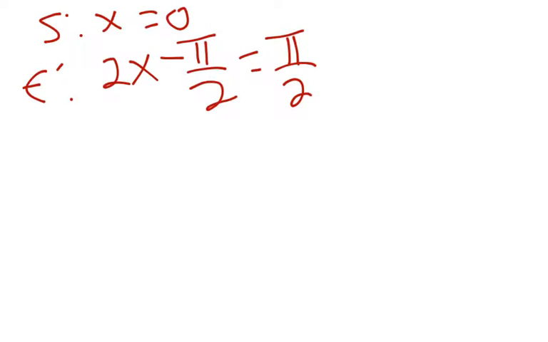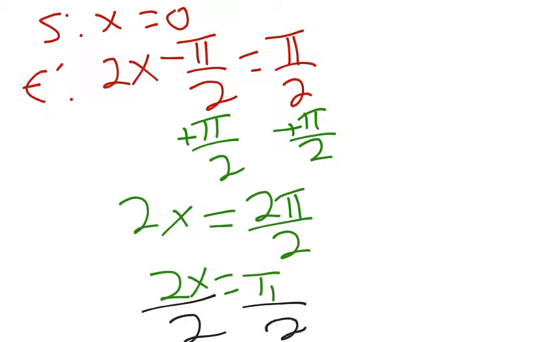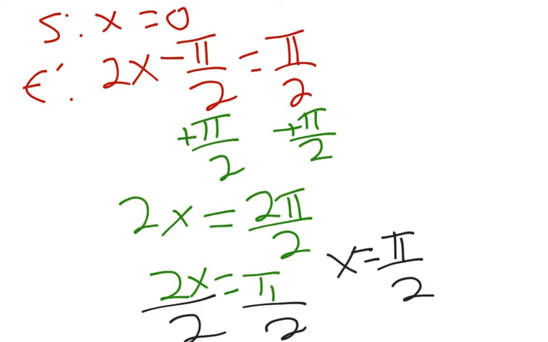So I'm going to add pi over 2 to both sides, and I get 2x equals 2 pi over 2, which of course is just 2x equals pi. Then when I divide by 2 on both sides, I get that x equals a positive pi over 2. So what we have here is my start, which we said was at 0.